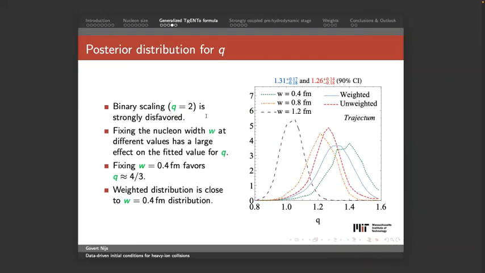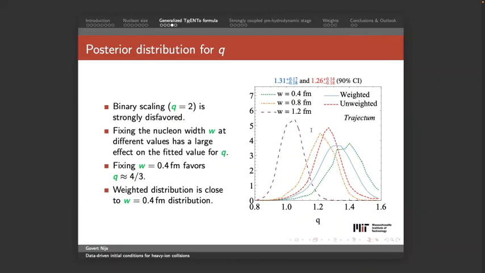So now, confronting this with the data, what you find is this blue posterior. You see it's not 1, it's sort of 4/3. So that goes very well with the picture that maybe the first analysis was right, that you should probably interpret this as an entropy density.